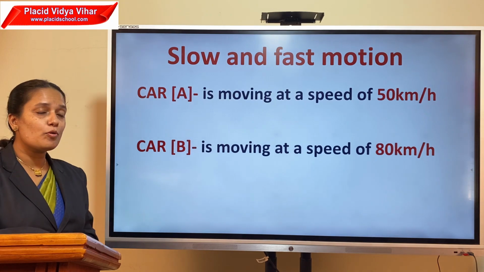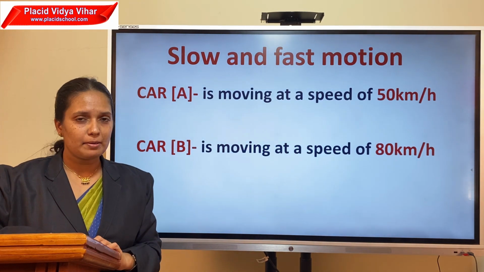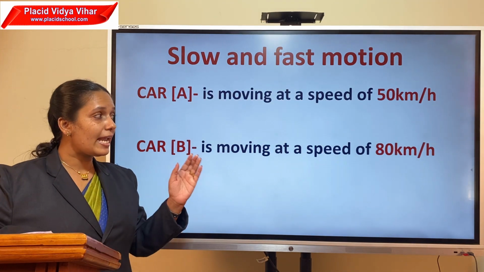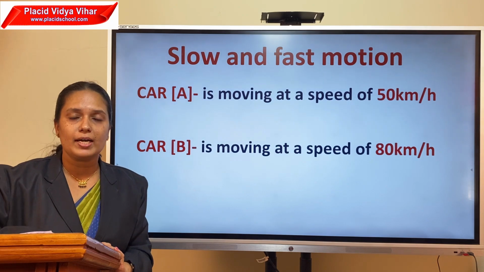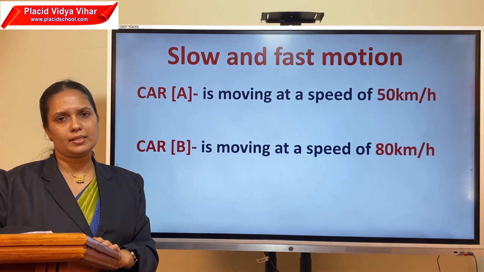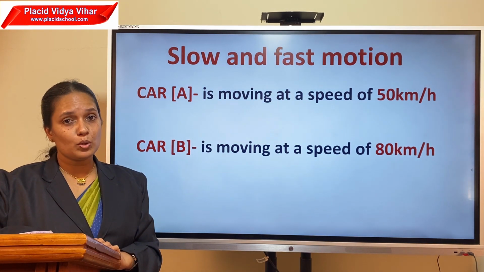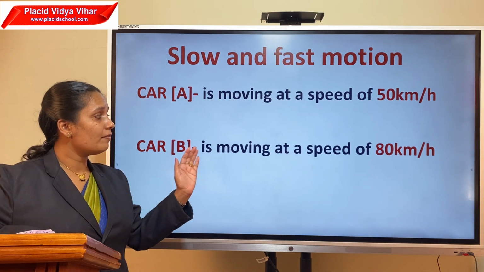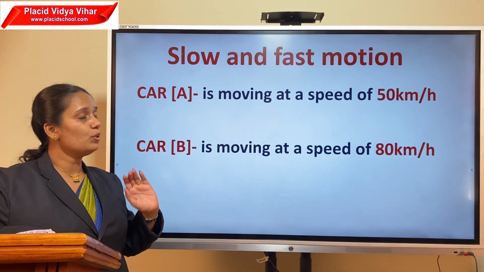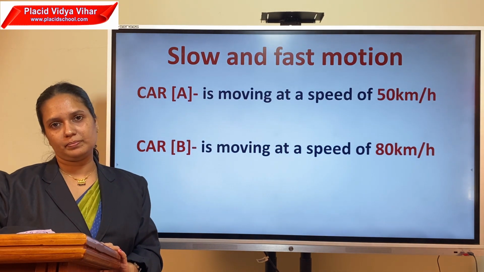Then car B is moving at a speed of 80 km per hour. That means car B travels a distance of 80 km in 1 hour. Then can you identify which one is moving fast? Of course, car B. Because car B covers more distance in given time compared to car A. So it is in fast motion.